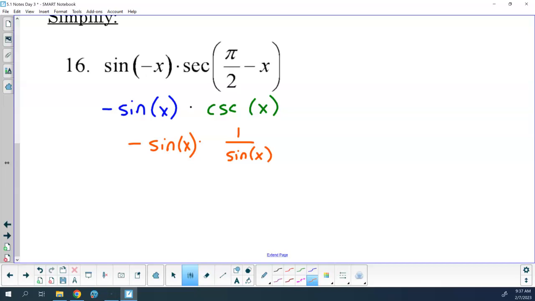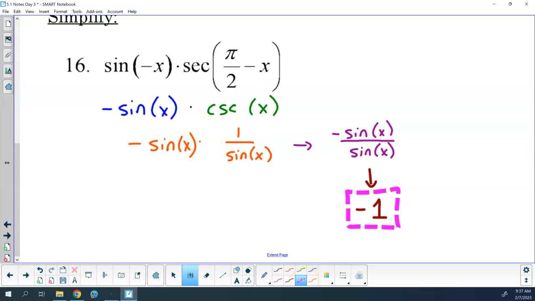Negative sine of x times 1 over sine of x simplifies to negative 1.